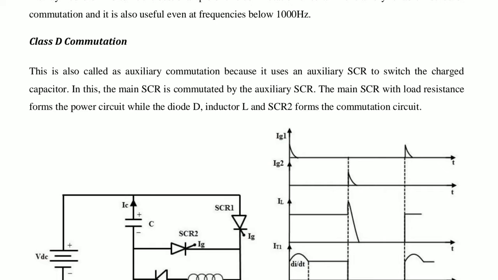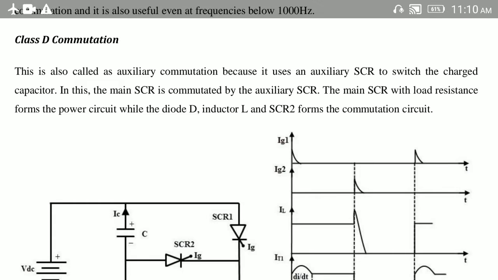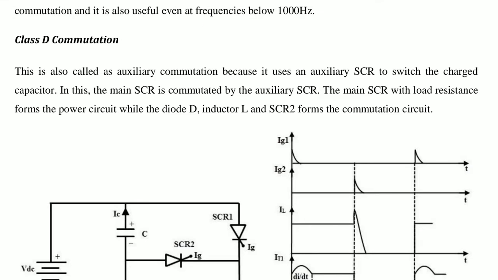Now we will discuss class D commutation, and how the main SCR will turn off in it. This is called auxiliary commutation because it uses an auxiliary SCR to switch the charged capacitor.